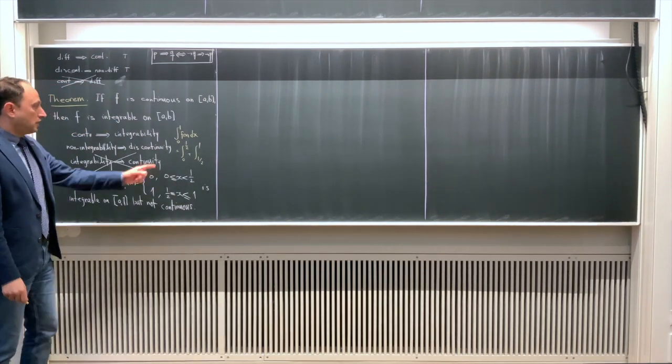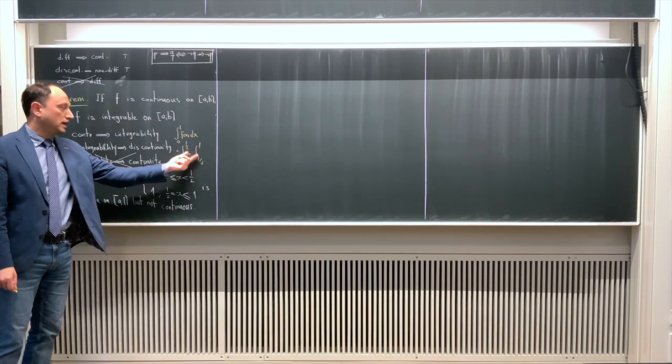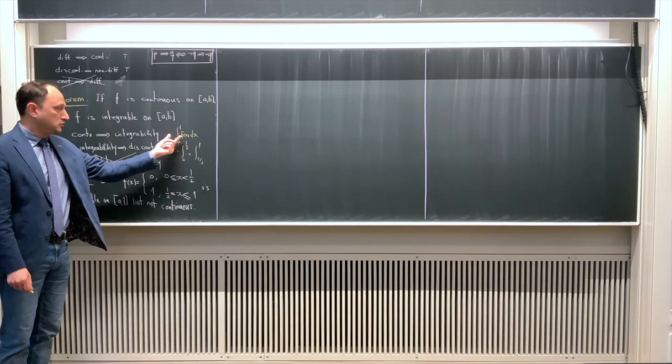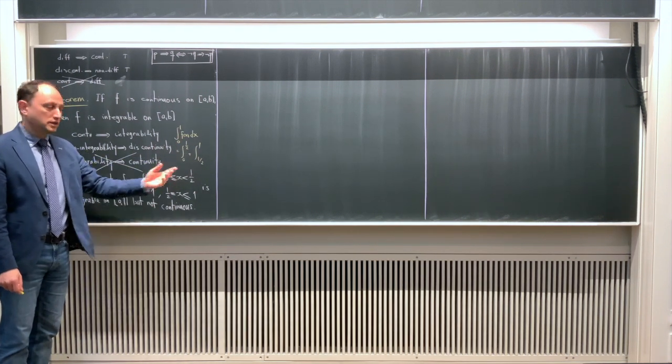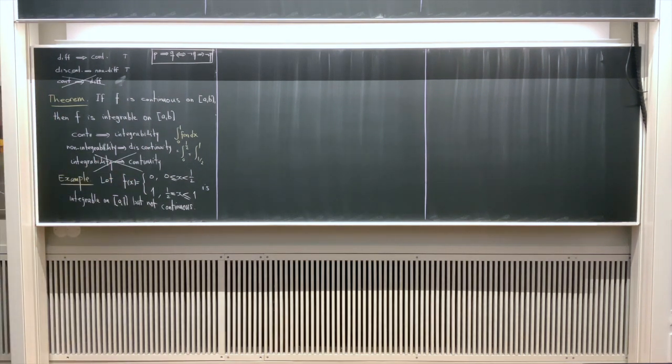On 0 to 1/2, I use this part, which is continuous. On 1/2 to 1, I use this part, which is also continuous. So I can break my integral into two parts and calculate it. It is clear that this is integrable, but in principle, if you want to solve it, you have to solve it from first principles.